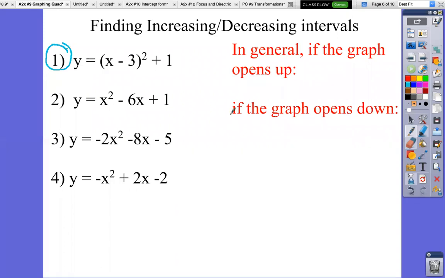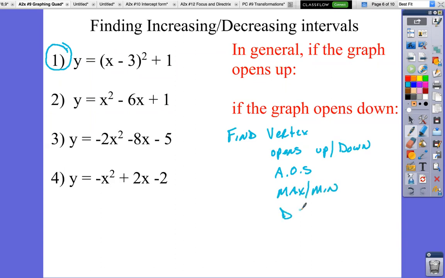So number one, I want you to do this. Find the vertex, how it opens, up or down, axis of symmetry, max or min, domain and range.